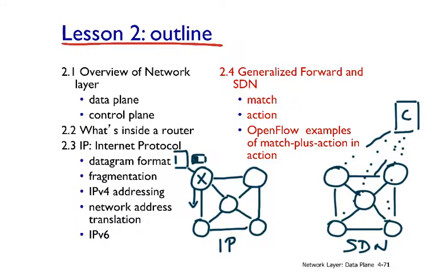This element has a global view of the network and is in charge of saying which is the content of your flow tables. So in this case, there is a separation between the data plane and the control plane.